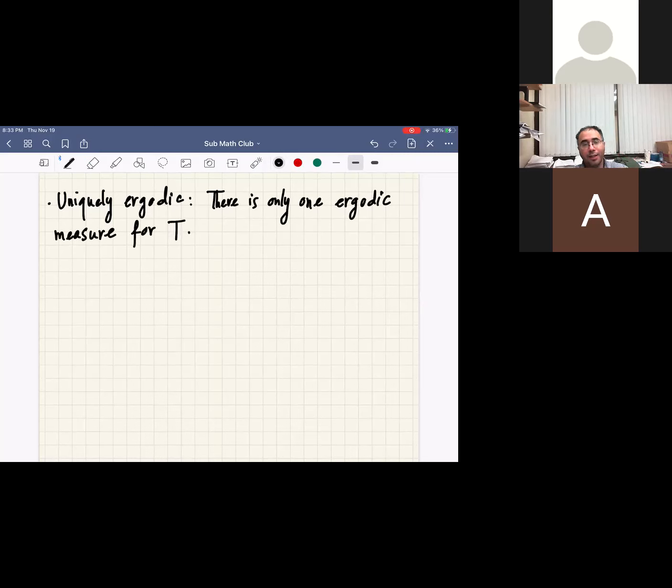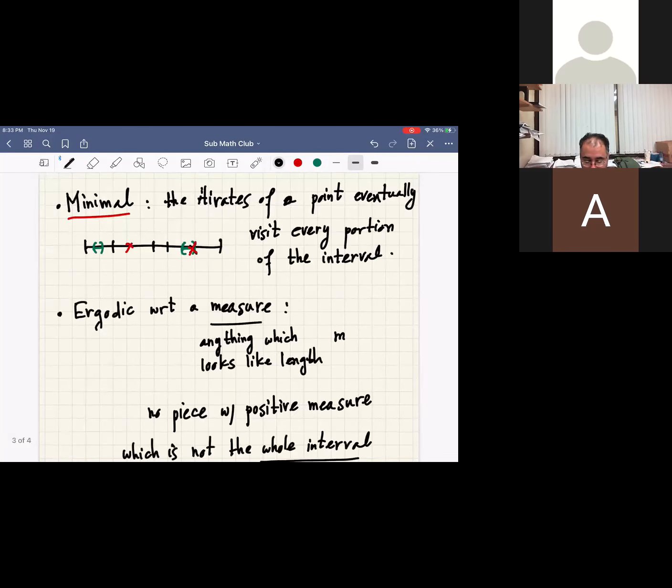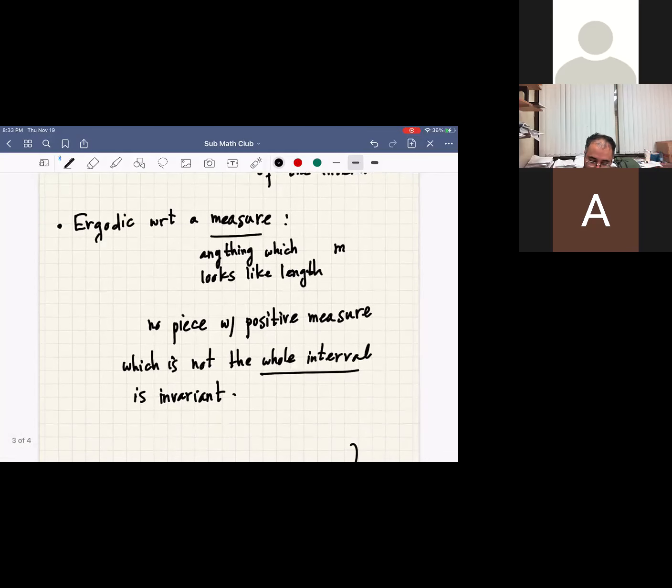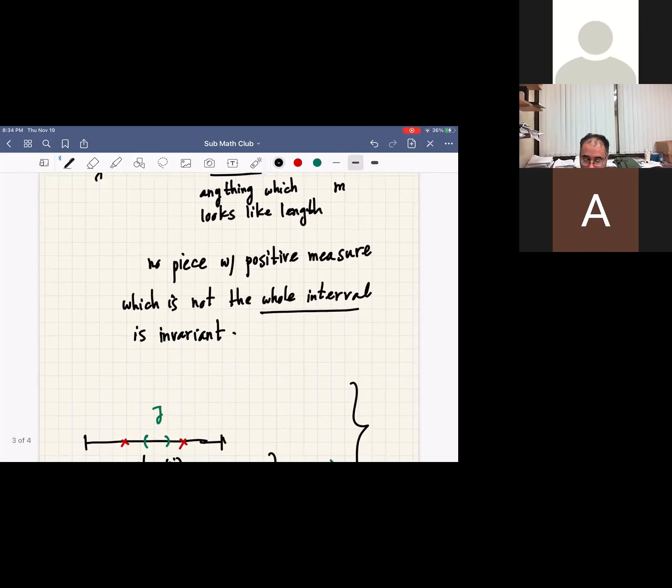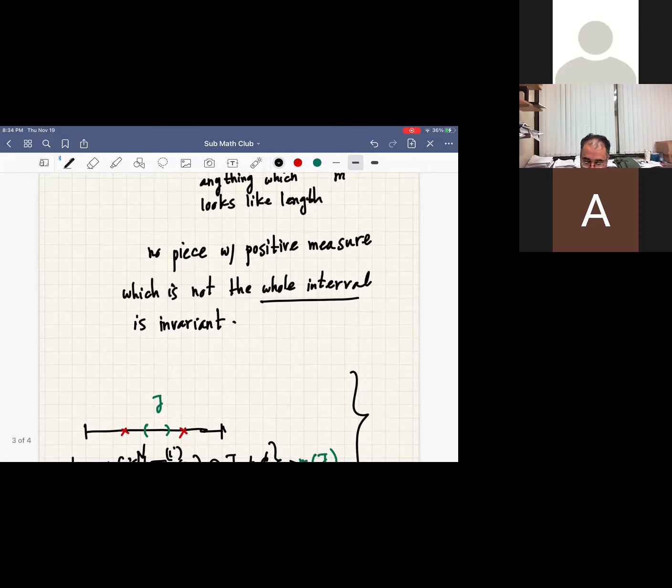Because I said that you can come up with different measures. What we said is that the only invariant measurable subset is the whole interval. That was the notion of ergodicity, or what we mean by a system being ergodic with respect to a measure.